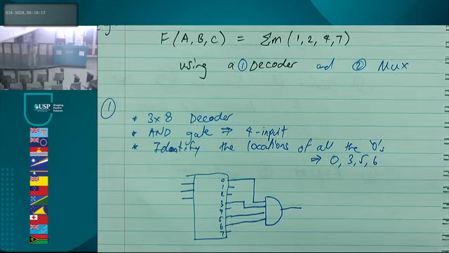Oh, one mistake. What mistake have I made over here? Can you notice something in my 3x8 chip? The bubbles are missing. Guys, take a note that you can also use an OR gate. In some scenarios, you can use an OR gate the other way around, if the bubbles are not present, right?